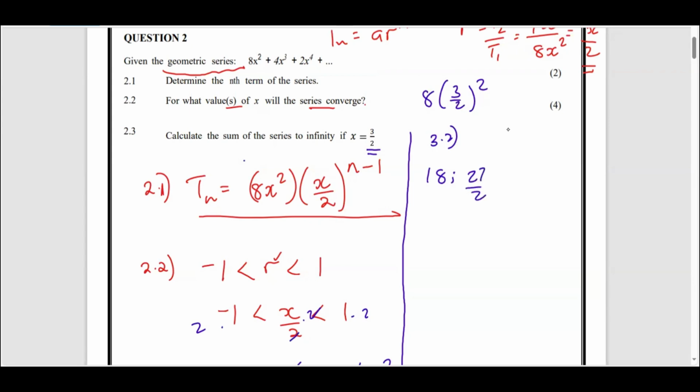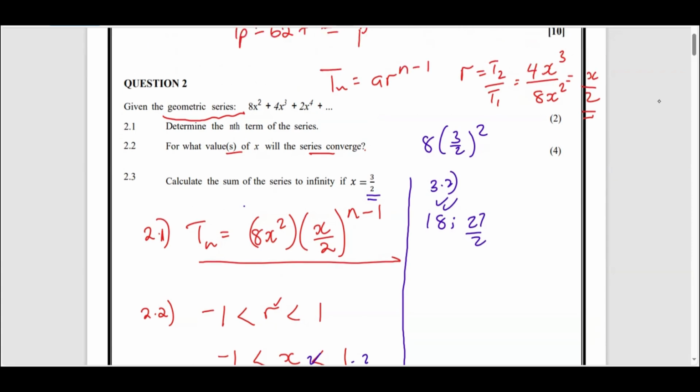It's not a big deal for as long as I have my first term. With the common ratio, I can still use x/2, which will be 3/2, and then divide by 2, which becomes 3/4. Alternatively, if you use the 2 terms that we have here, 27/2, you divide it by 18, you should be able to get the same thing, 3/4, as your common ratio.